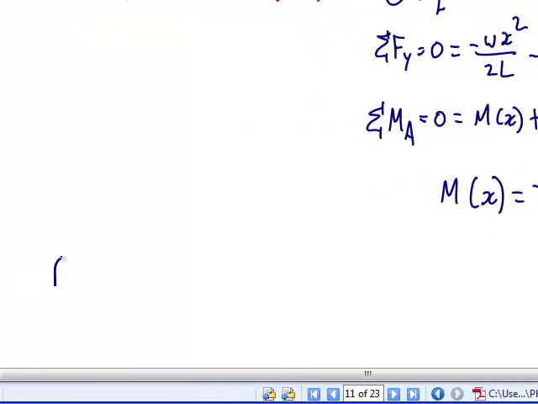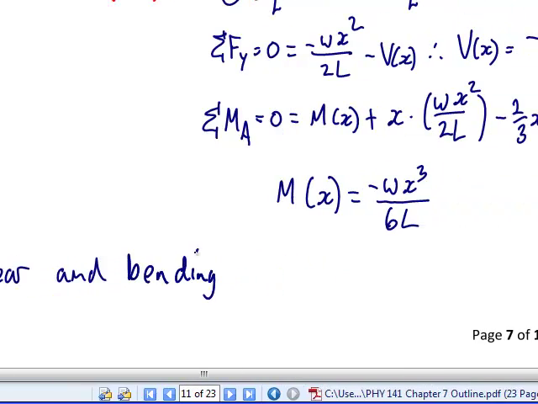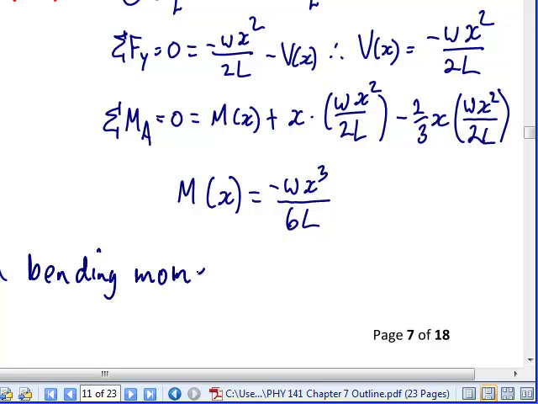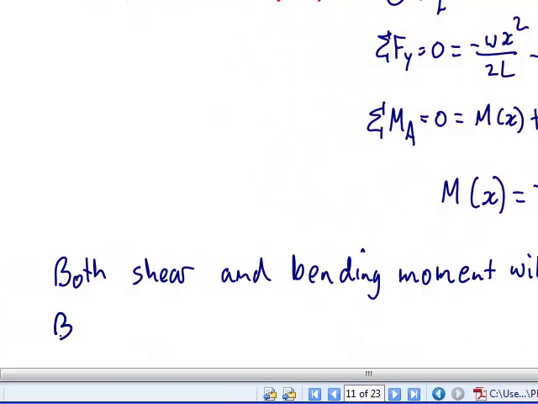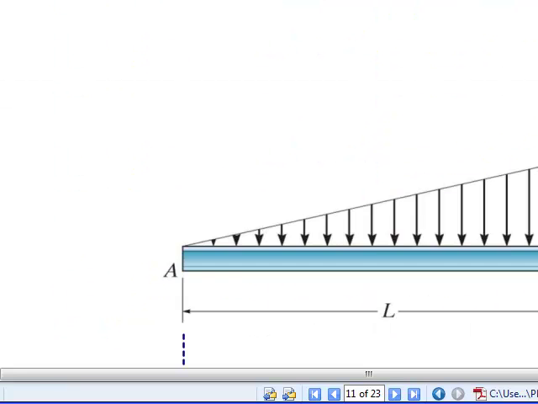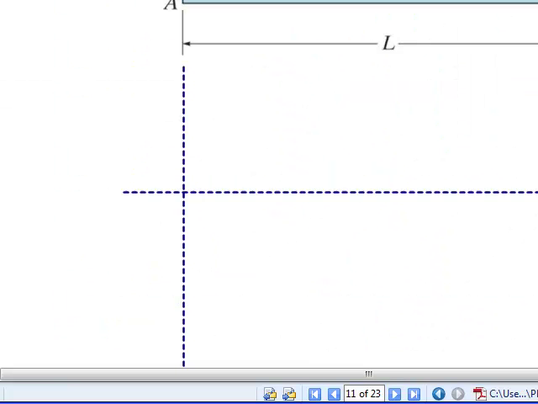So both shear and bending moment will be max at B when x equals L. All right, so we'll calculate those values after we draw the shear and moment diagrams.